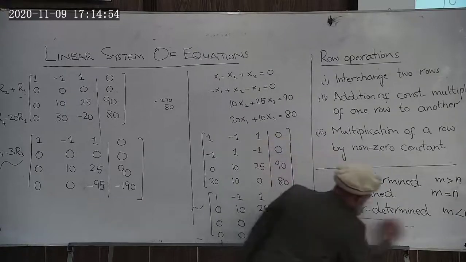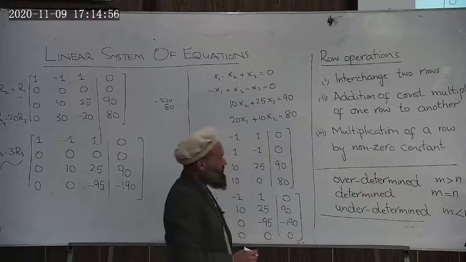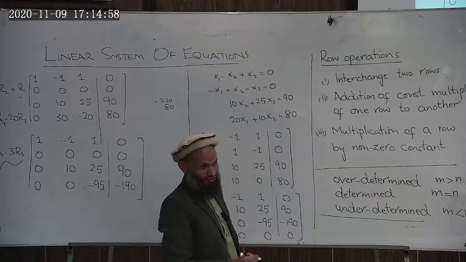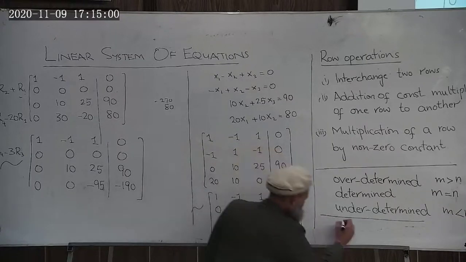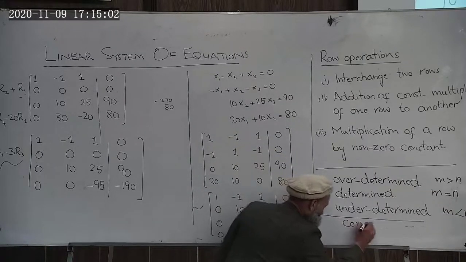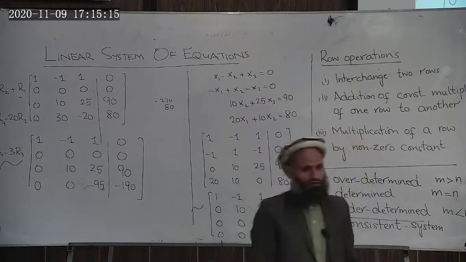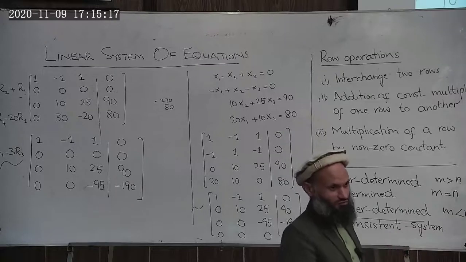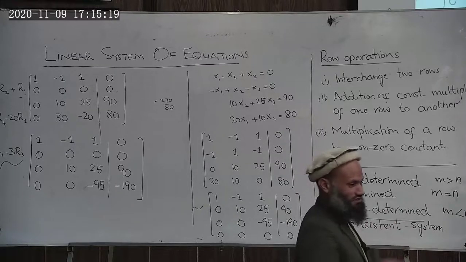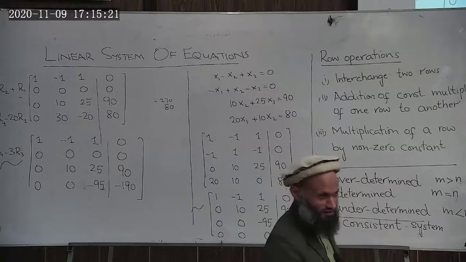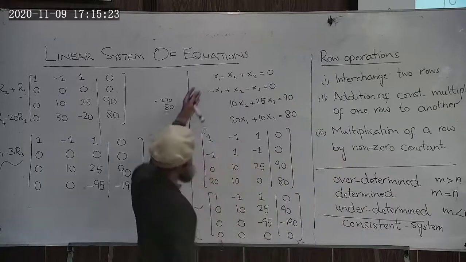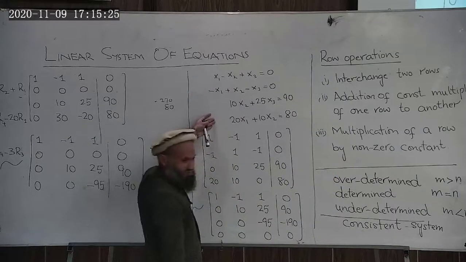Then, if we are able to find a solution to a system of equations, that system is called a consistent system. Here this system is a consistent system.